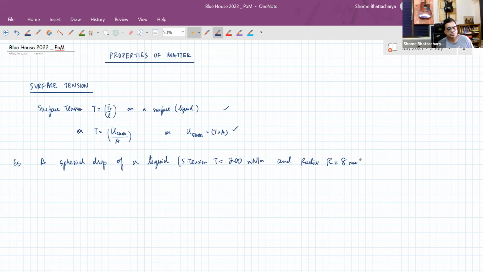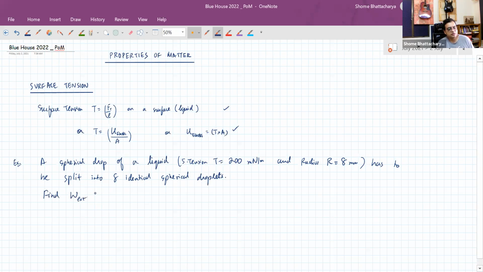This has to be split into 8 identical spherical droplets. Find the work done by an external agent to split it.